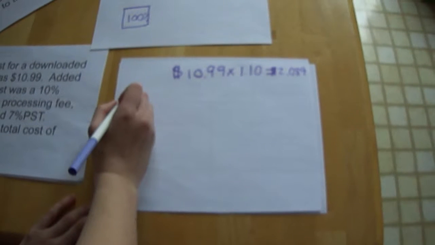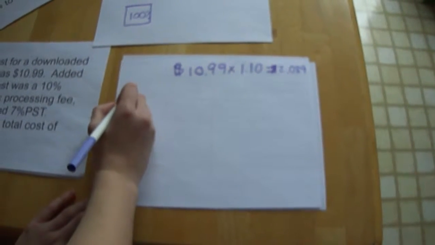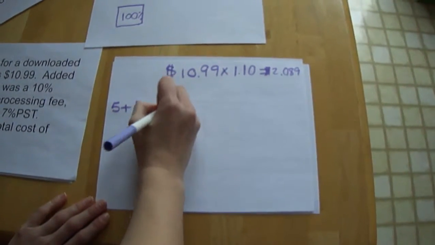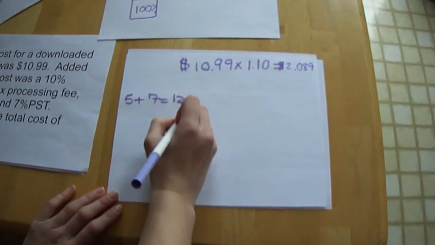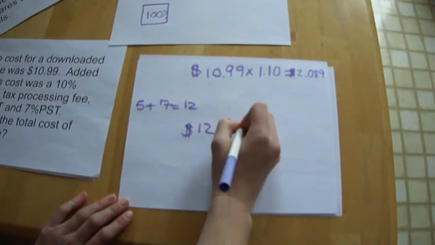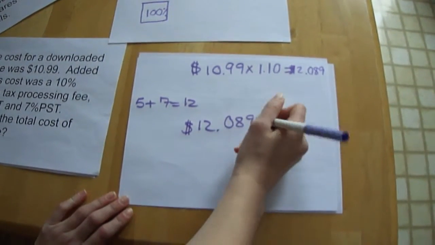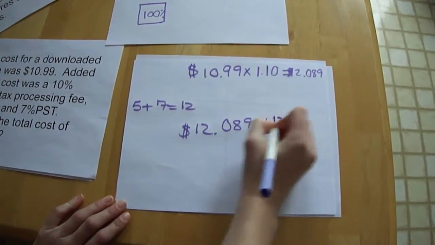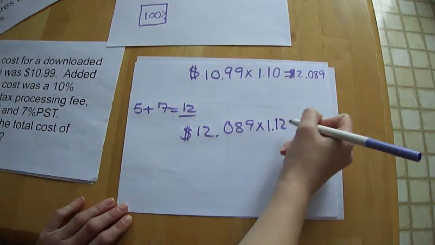So for the second part, you need the PST and the GST. So I'm going to add my 5 and my 7 together to get 12. And from there, I'm going to use the decimal again. This time I go with the 12. And I multiply that one by 1.12 for that.